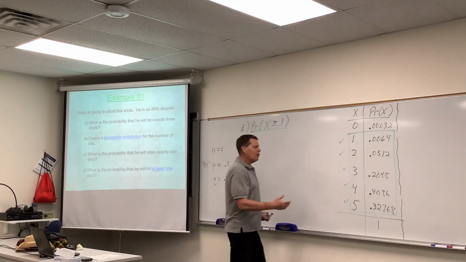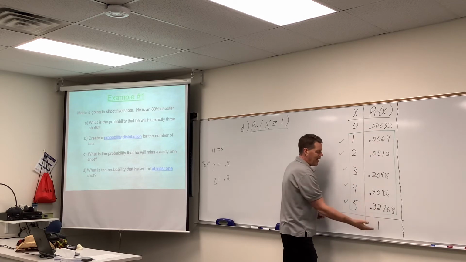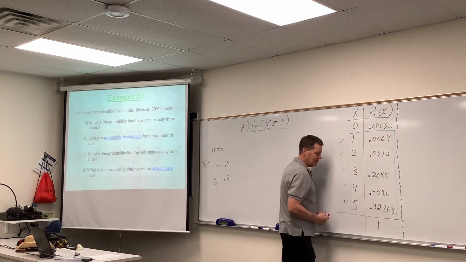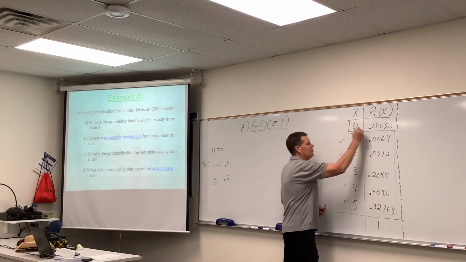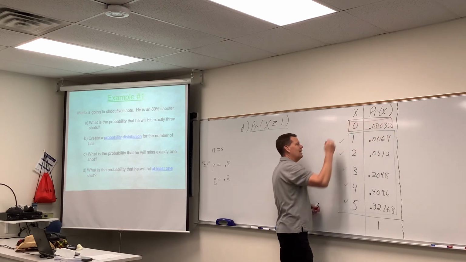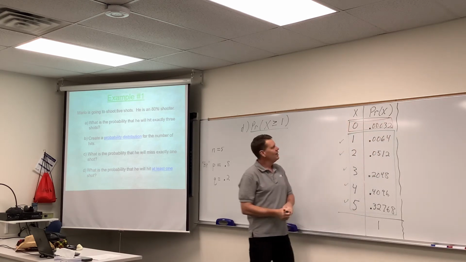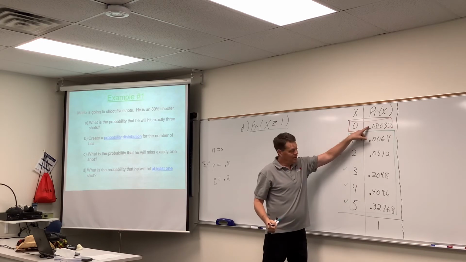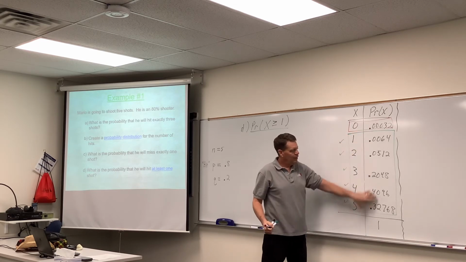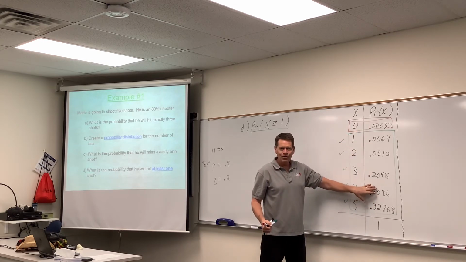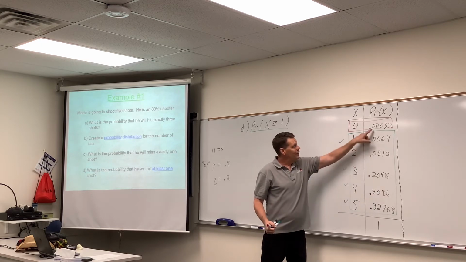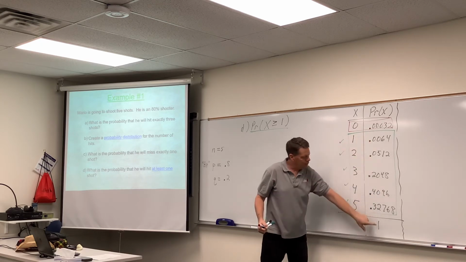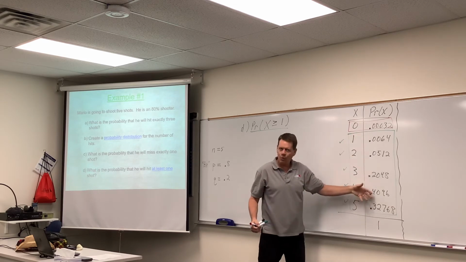If we remember that all the probabilities have to add up to 1, 100%, wouldn't it make sense to determine the probability that he does not hit any shots? And wouldn't that be the complement of what the problem wanted? So wouldn't it make sense to figure out that probability, subtract it from 1, and that would give us all these that the question actually wanted.